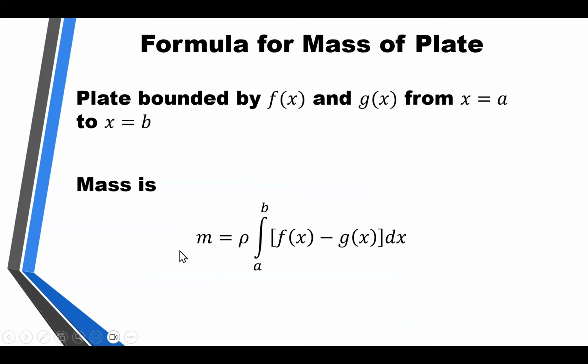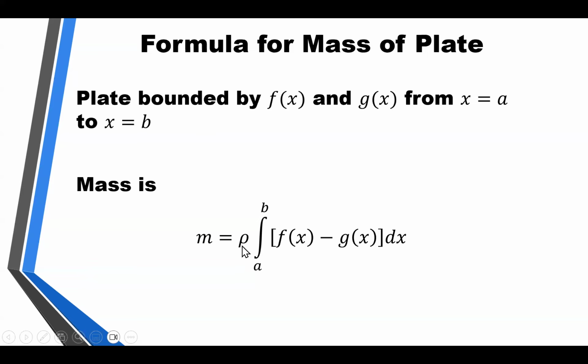So let's look at what that tells me about the formulas that we're going to be using. If I'm looking for the mass of a plate, and that plate is bounded by two curves, f of x and g of x, then all I have to do is find the area from x equals a to x equals b, and multiply it times this letter.